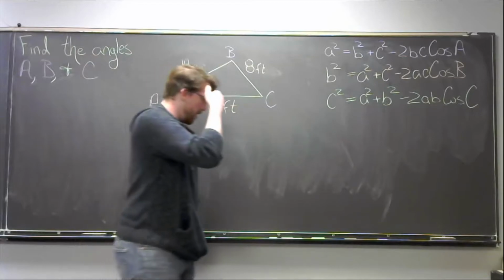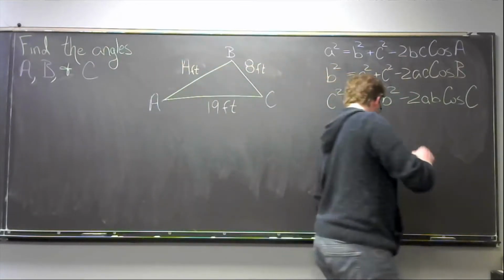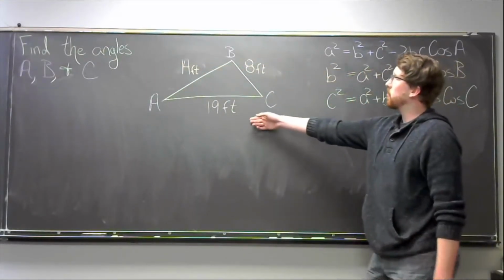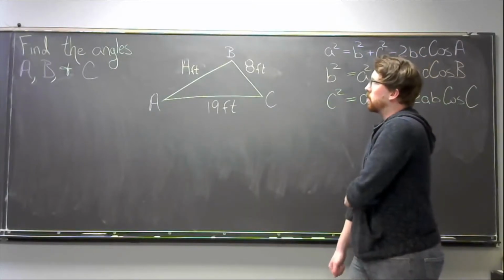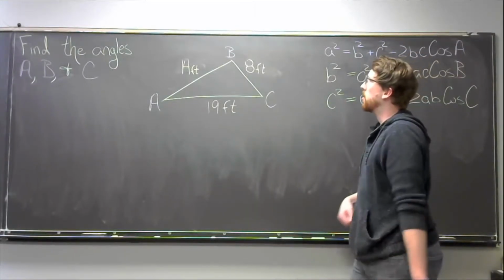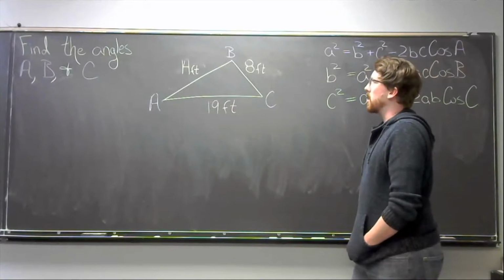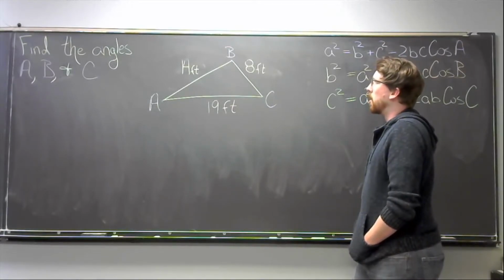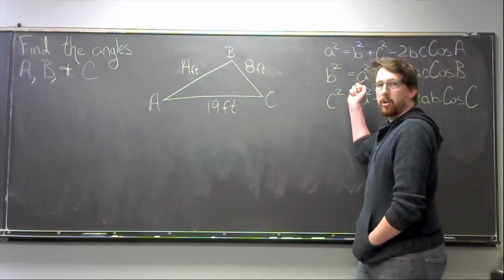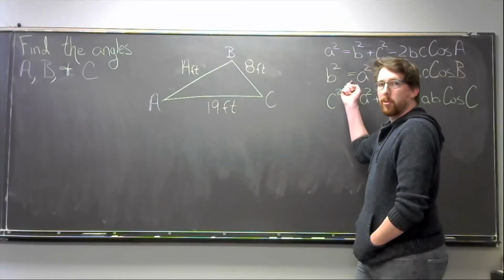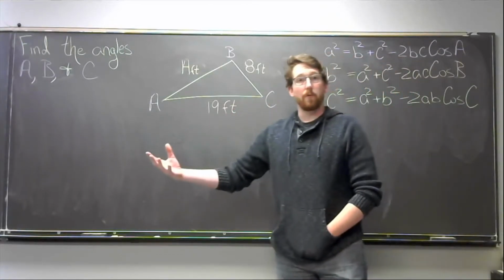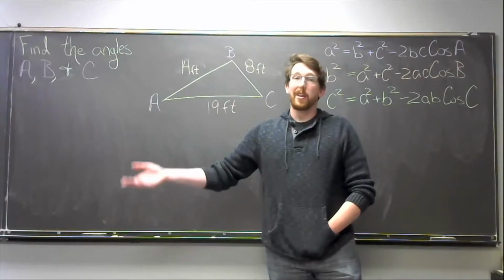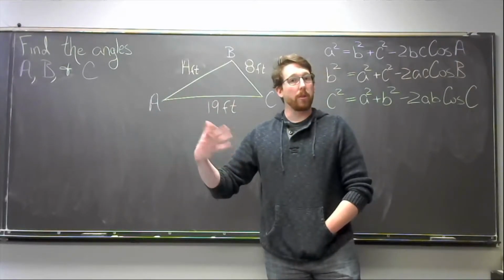Okay. Well, if that's the case, given this triangle, if we want to solve for one of the angles, we can rearrange these equations and set it up to solve for cosine, then use that to find out what the angle is.